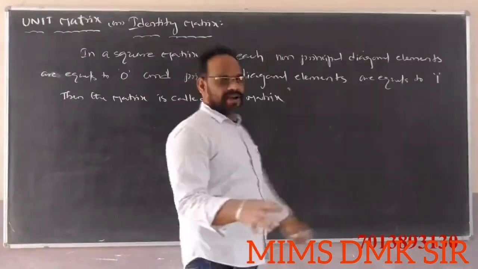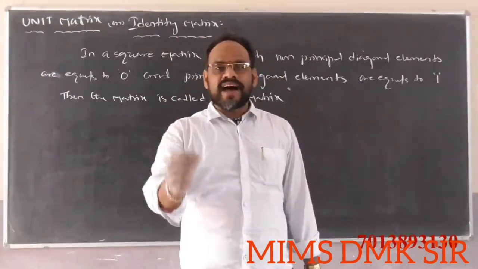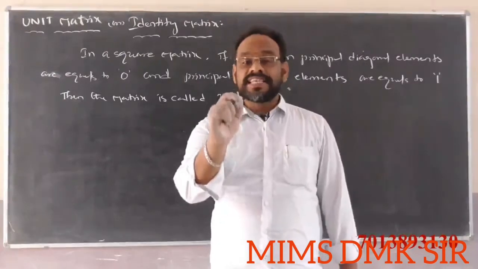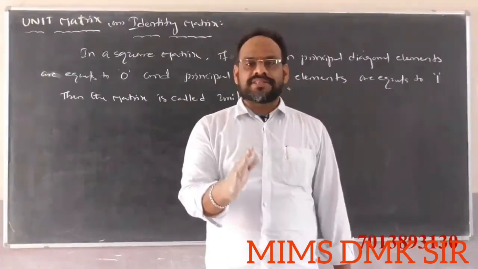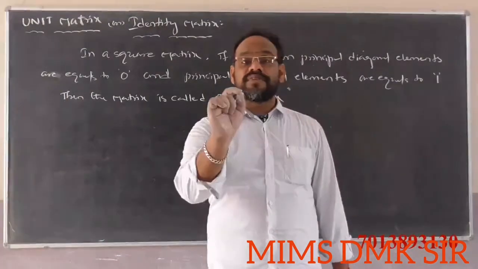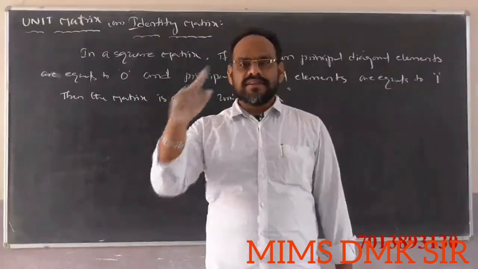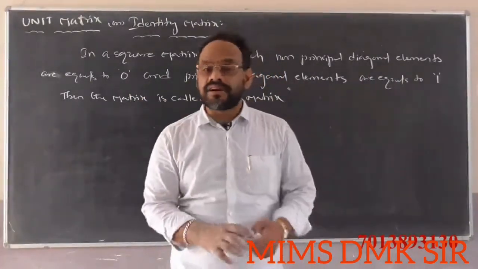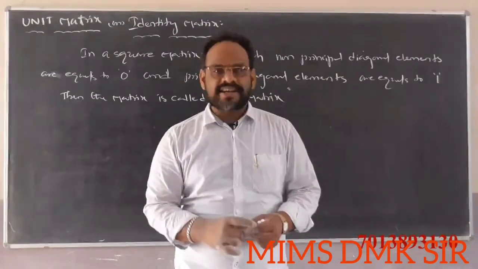Observe here: in a square matrix, if each non-principal diagonal element is equal to 0, and the principal diagonal elements are equal to the constant 1, always 1, then the square matrix is called a unit matrix or identity matrix.